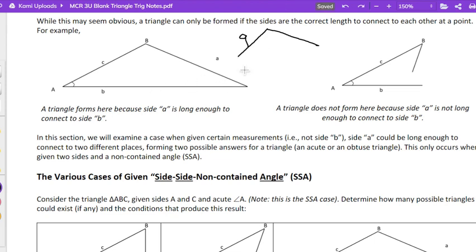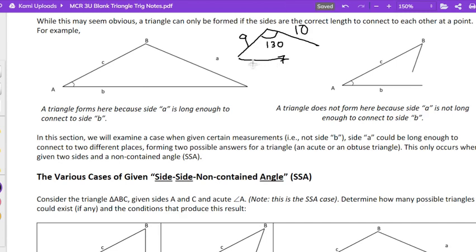If this angle is the greatest angle and this length is 7, this triangle cannot exist, right? What that would mean is that this line would only go so far. The triangle would not be complete.